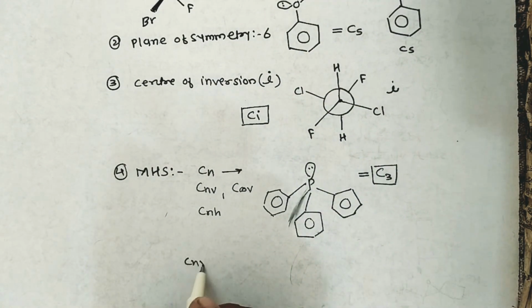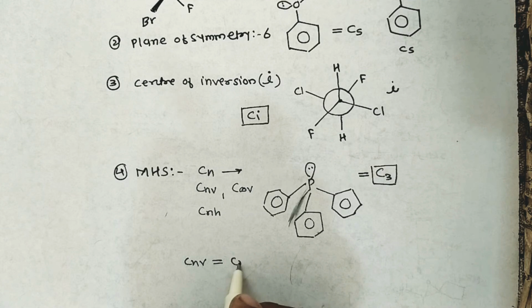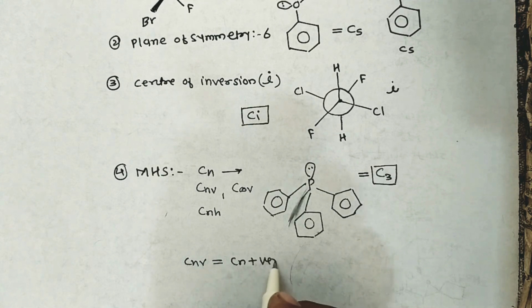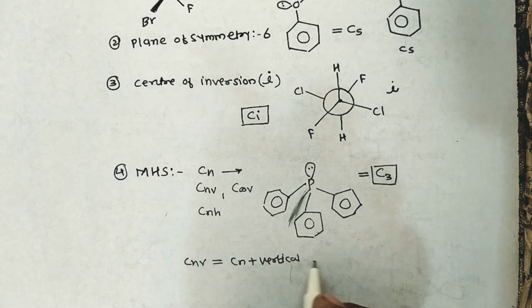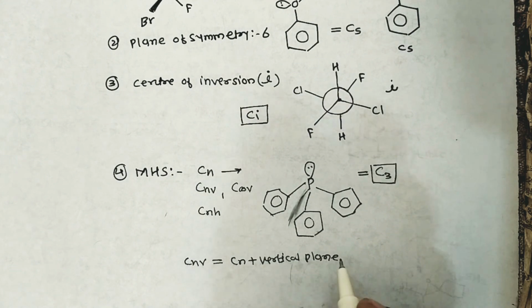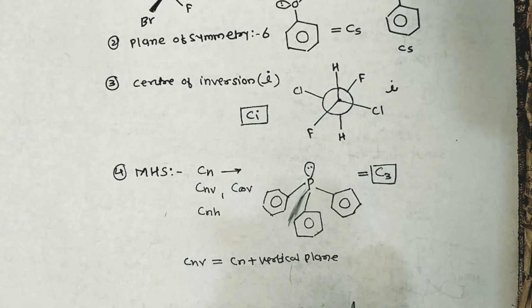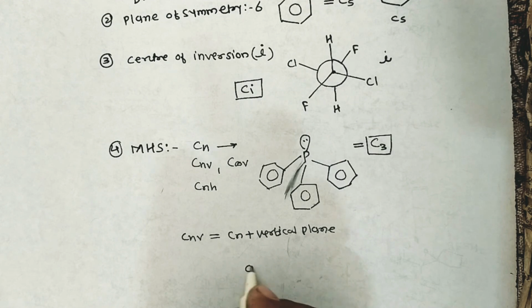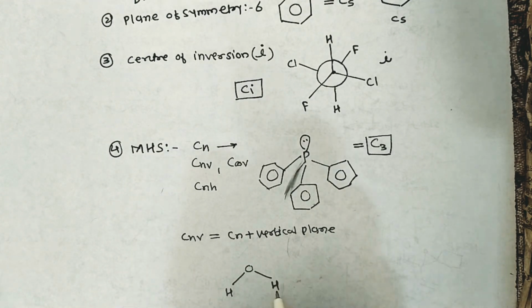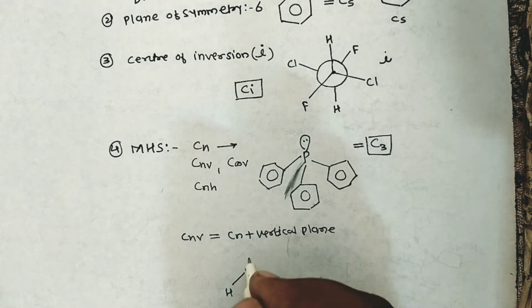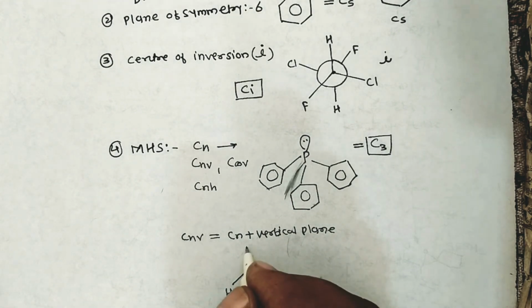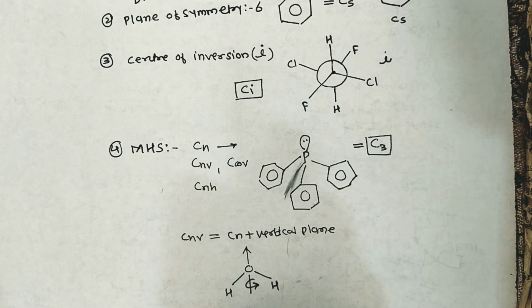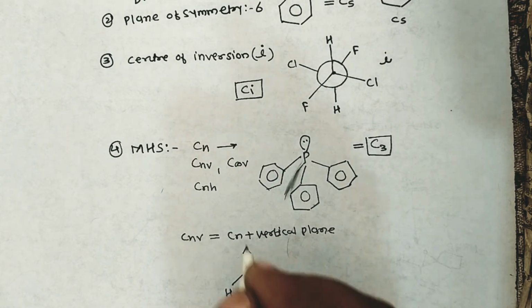Now the Cnv point group contains Cn plus a vertical plane. For example, the water molecule, H2O. It has a C2 axis and a vertical plane.